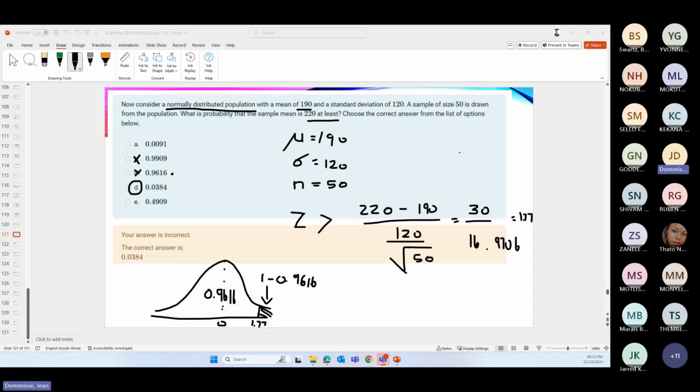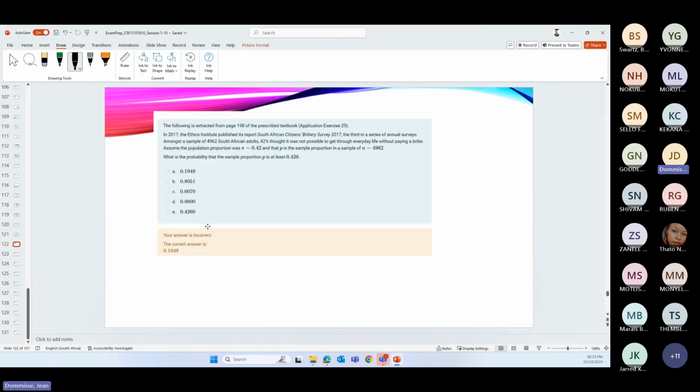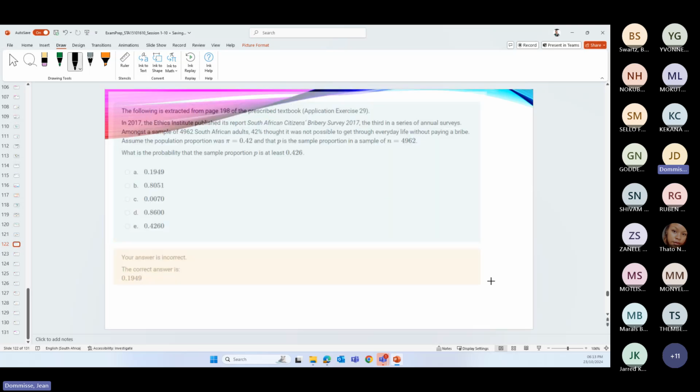So they need to give you a bit of information if they're not telling you directly you're working with a normal distribution with a standard deviation and a mean. Okay, so I have a few of those questions in as well, where we nearly need to identify the table, but they tell us what to do then.